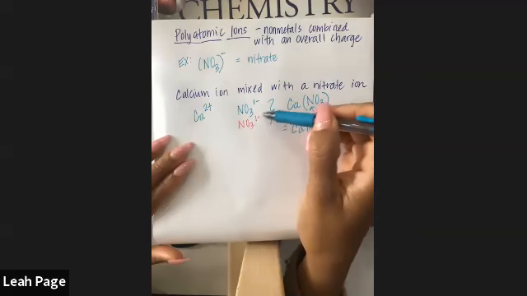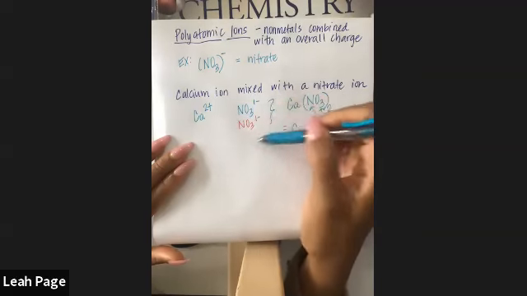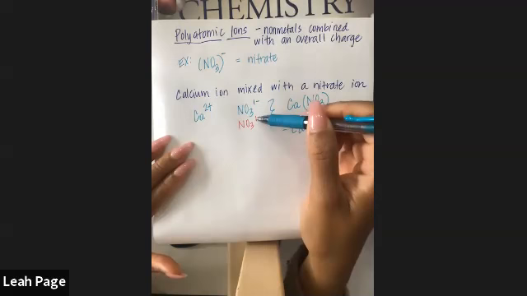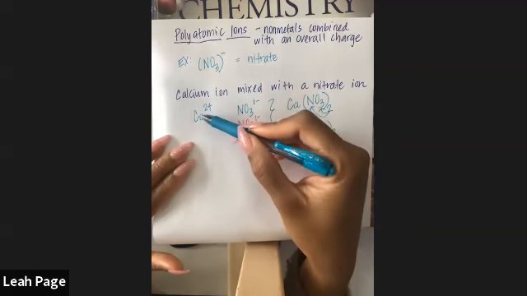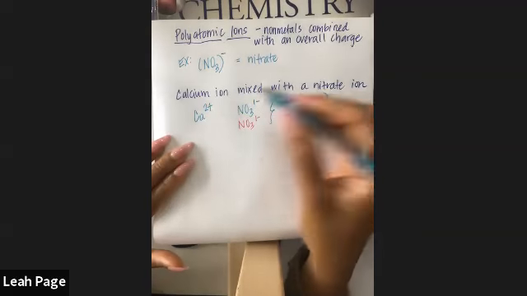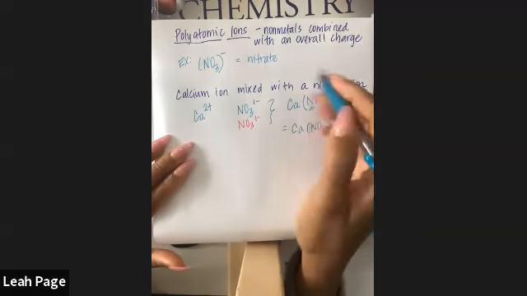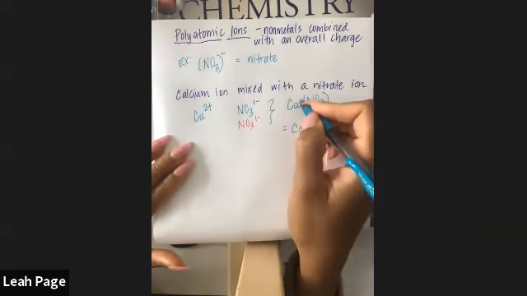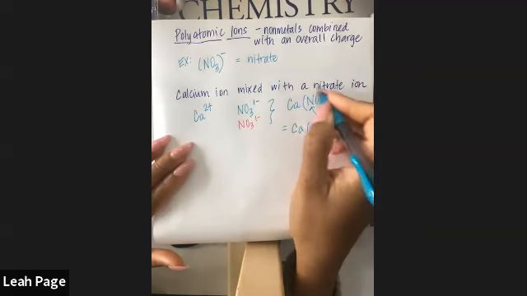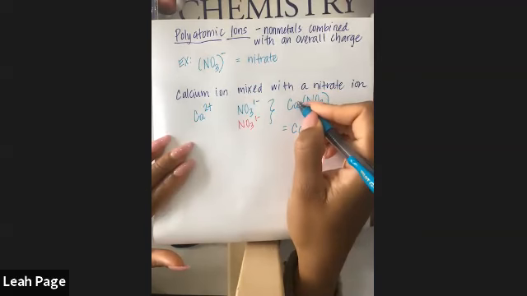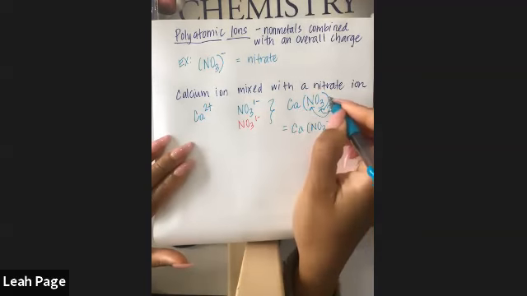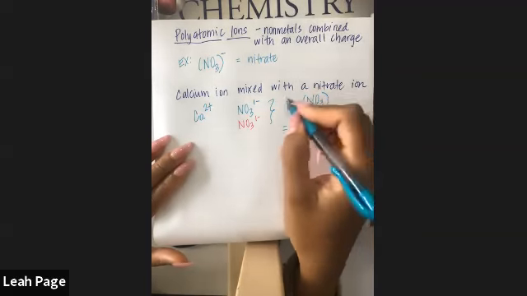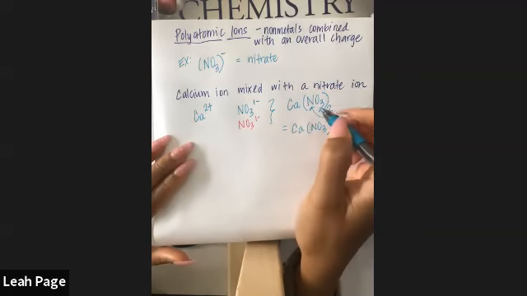So now that I have 2 nitrates, I have 2 extra electrons, and the nitrates give their 2 extra electrons to calcium. So now they no longer have a charge because they went to 0. Calcium's not missing 2 electrons, and nitrate doesn't have 2 extra. So overall, they're both 0.